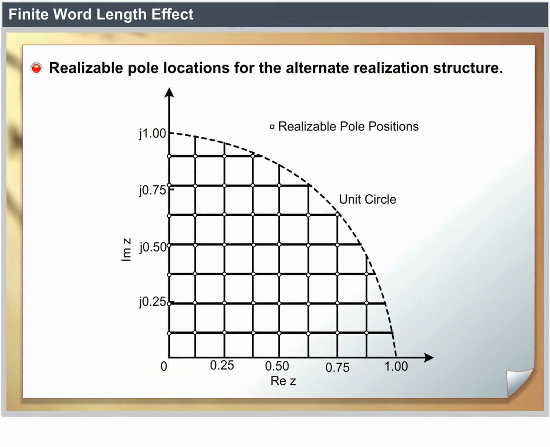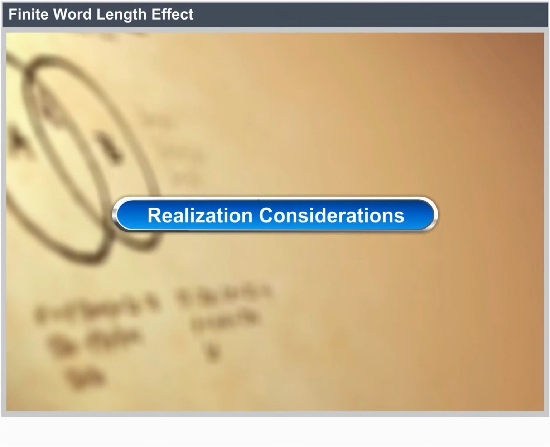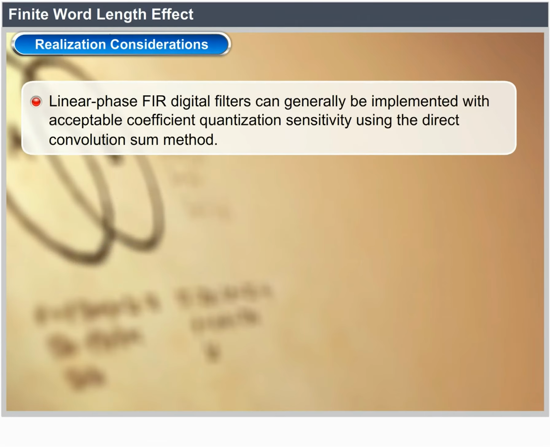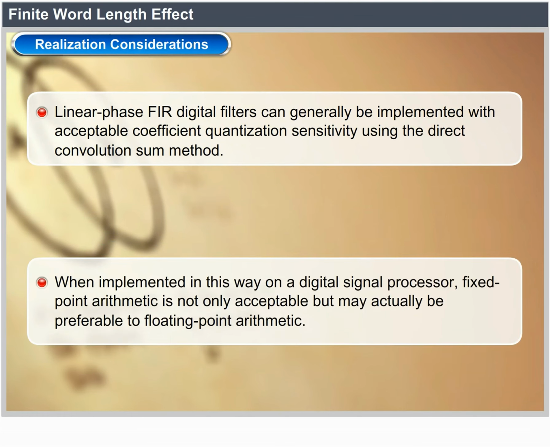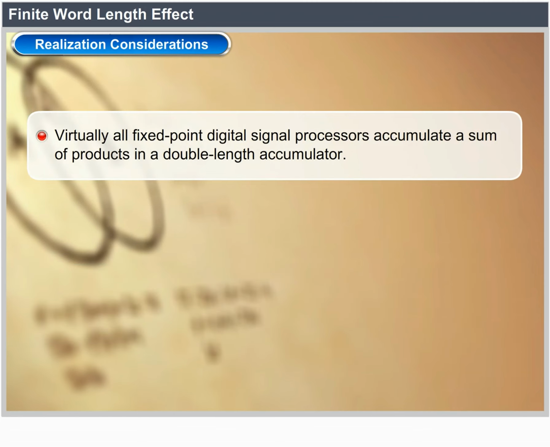Realization considerations. Linear phase FIR digital filters can generally be implemented with acceptable coefficient quantization sensitivity using the direct convolution sum method. When implemented in this way on a digital signal processor, fixed point arithmetic is not only acceptable but may actually be preferable to floating point arithmetic. Virtually all fixed point digital signal processors accumulate a sum of products in a double length accumulator.